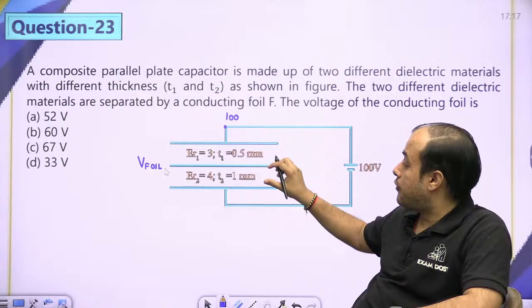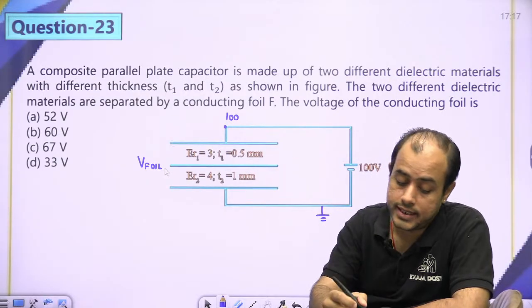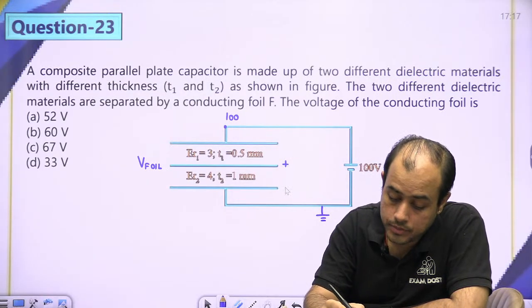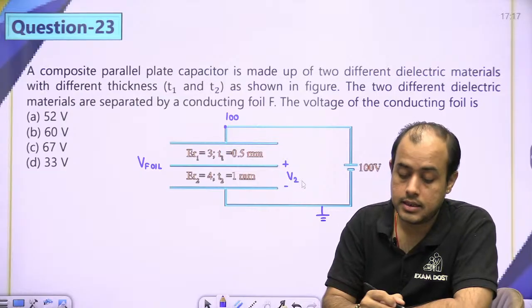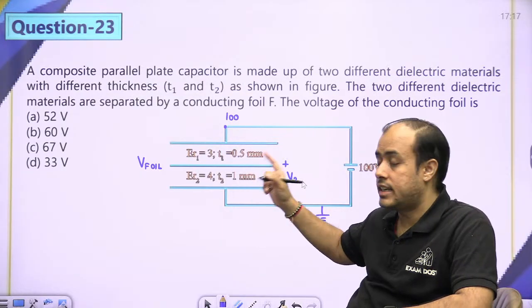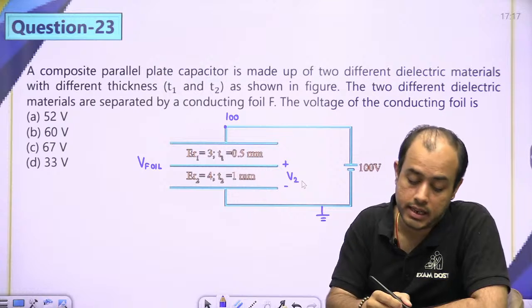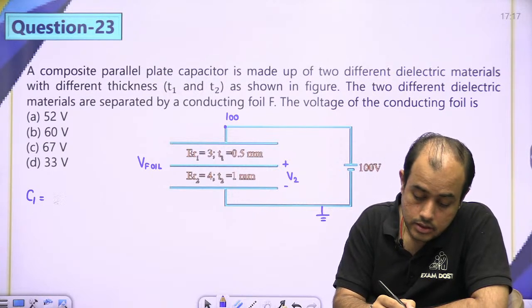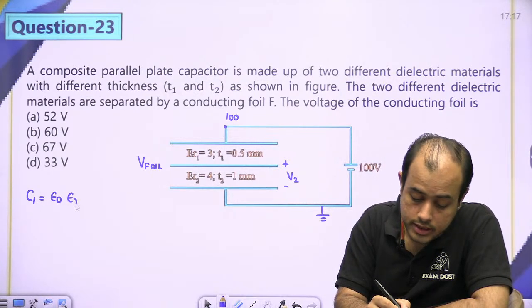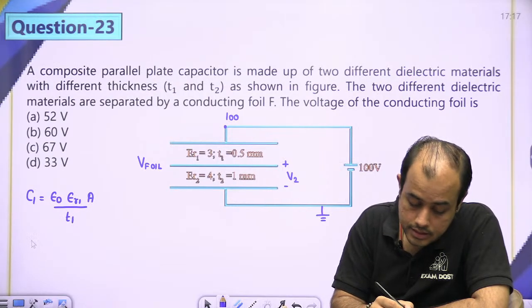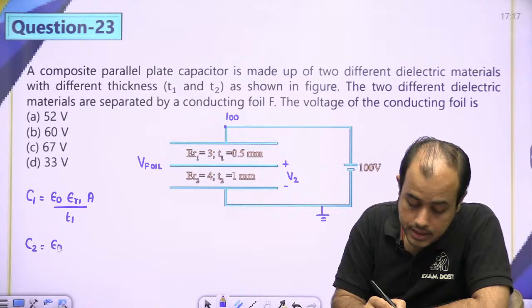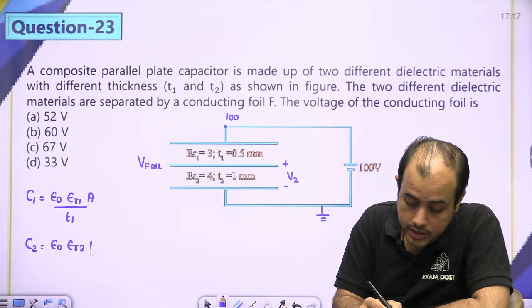The voltage of foil will be same as the voltage across the capacitor 2. Now these two dielectrics are divided along the distance, so they are in series. C1 is epsilon naught epsilon R1 A by T1. C2 will be epsilon naught epsilon R2 A by T2.